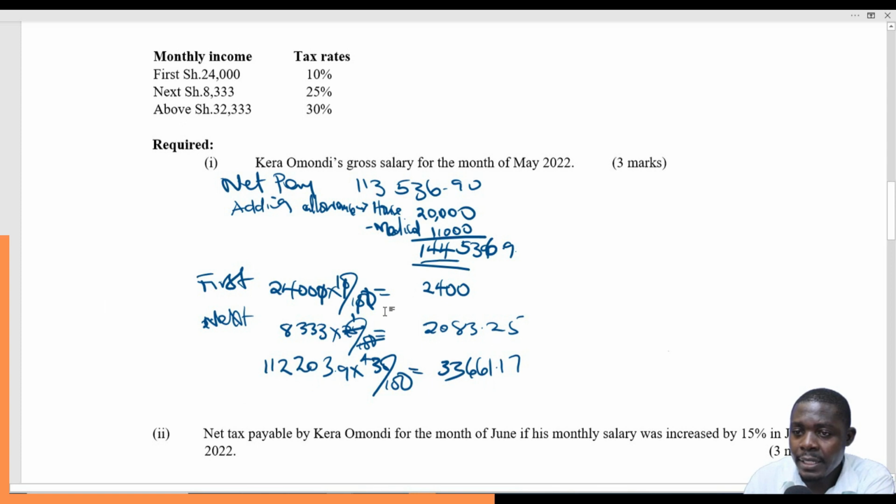Now we can get the total taxable income, meaning we are meant to find the total of this.